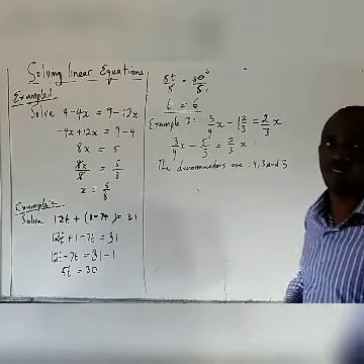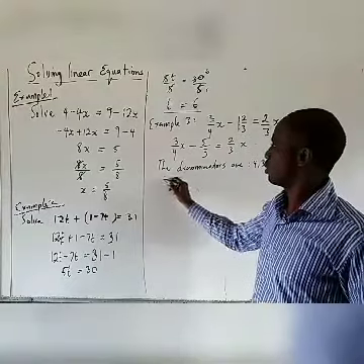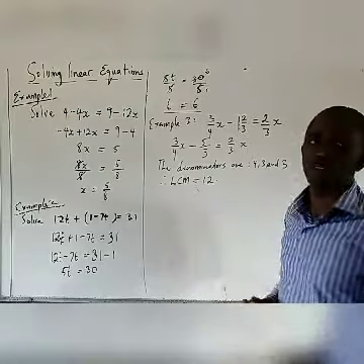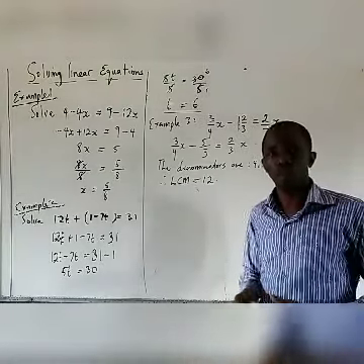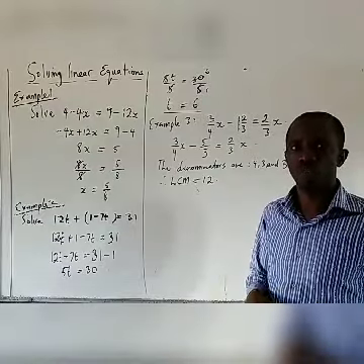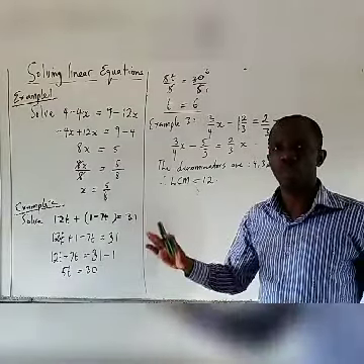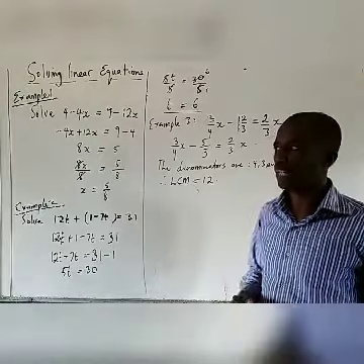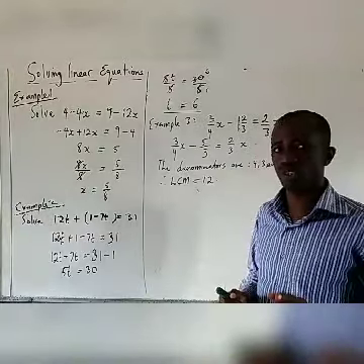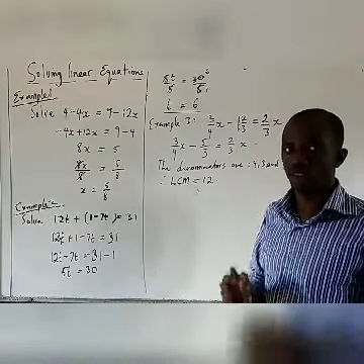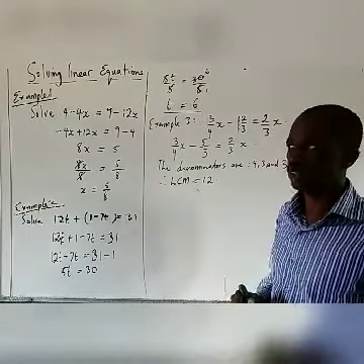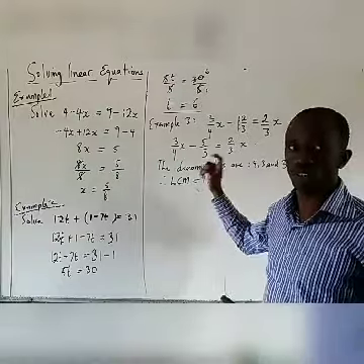So the LCM of 4, 3, and 3 is 12. Therefore, LCM equals 12. So whenever you get the LCM, and if it is an equation, you multiply all through by the LCM. Multiply each of the fractions by the LCM. If it is an expression, you cannot multiply. You just draw your line as if you are looking for LCM. But in this case, this is an equation, so multiply each of the fractions by the LCM.